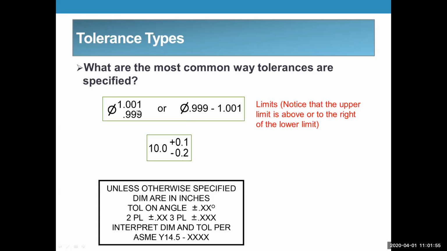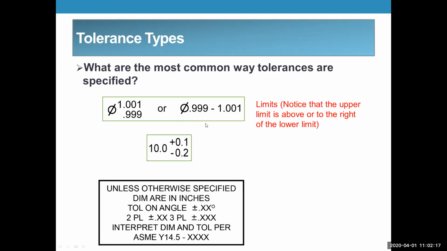If you're doing a hole and the hole limits look like this, then if you shoot for this and you miss it, it's too late. You can't put material back into the hole to get it smaller. So you're already done, the part's ready for the scrap heap.